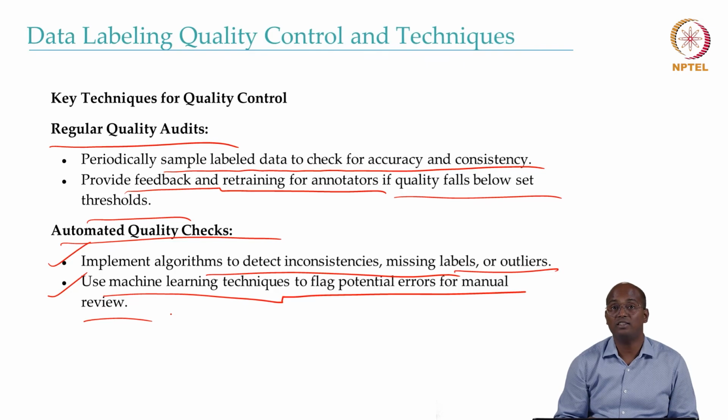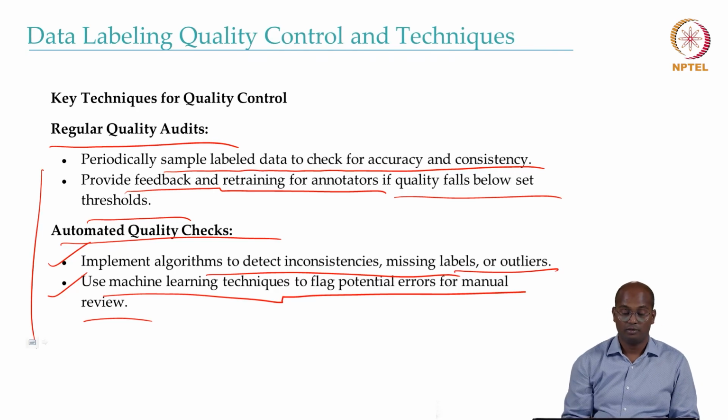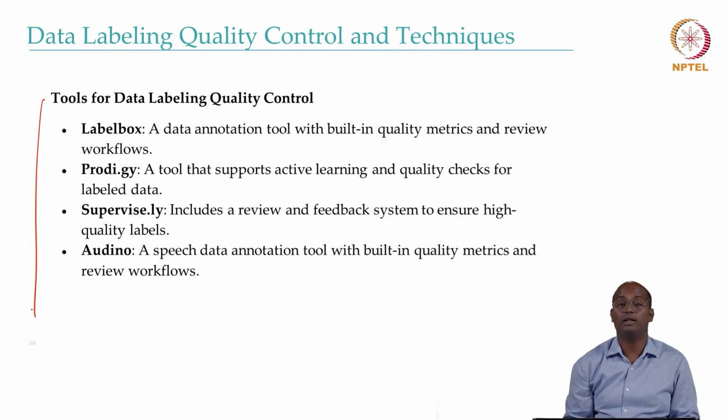So you need some assistance to probably check which one may be correct, which may be wrong. And then probably you go for reviewing the samples by using different techniques, be it like some algorithms or machine learning and so on.